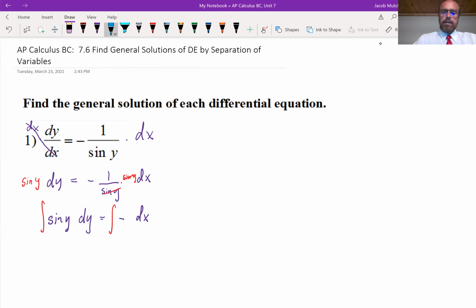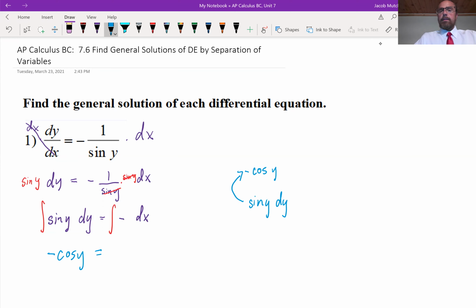For sine of y, I just want to consider what my antiderivative would be. I know that cosine has the derivative of negative sine y. So if I'm looking for positive sine y, my antiderivative is going to be negative cosine of y. We'll record that on the left side.